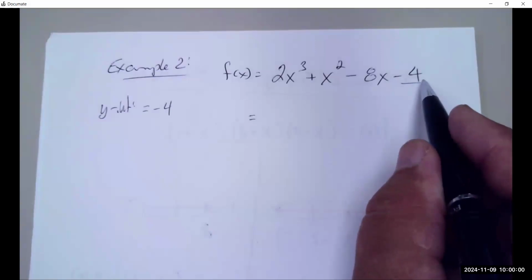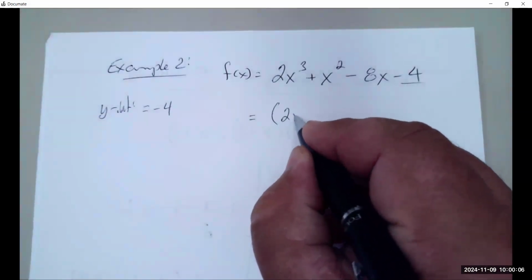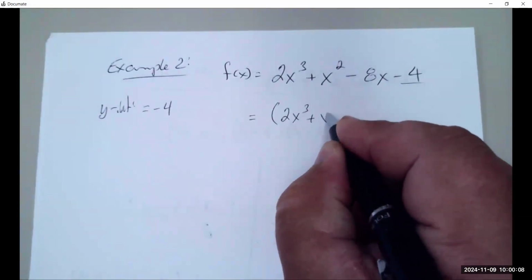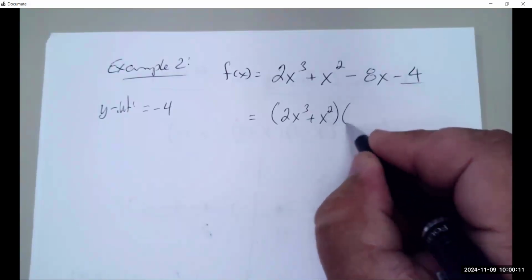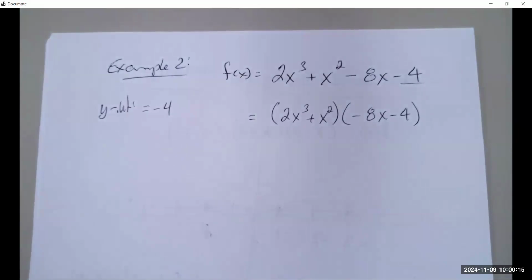But since we have 4 terms, what's the only method we know? Grouping. So put parentheses around the first 2 and the second 2 terms. Factor what you can.